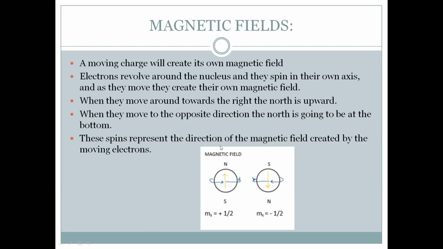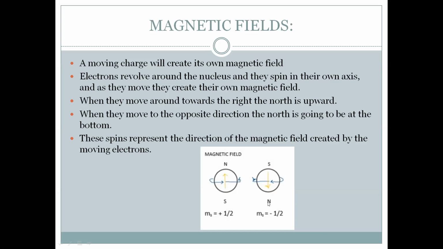Okay, so pag yung electrons are moving towards the right, the north or the direction of the magnetic field is upward. Pag the electrons move to the left naman, or they revolve to the left, the direction of the magnetic field is downwards. So, yung pag to the right siya, yung north niya is nasa taas.